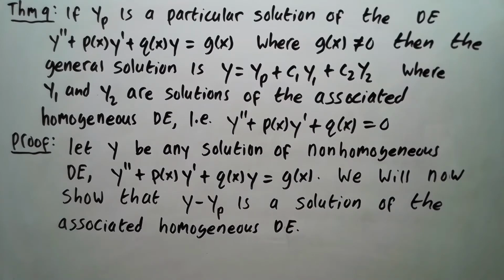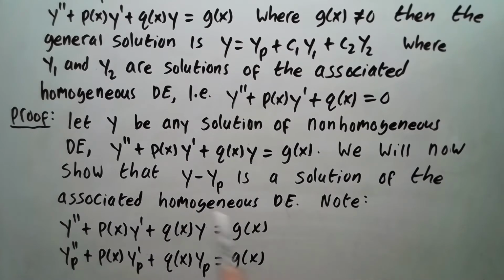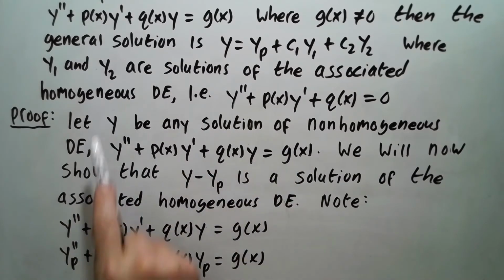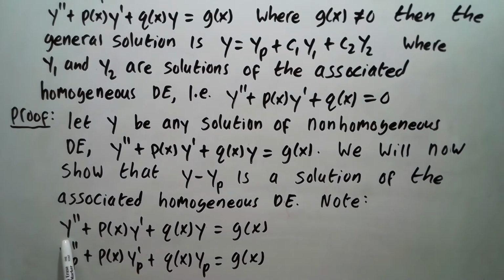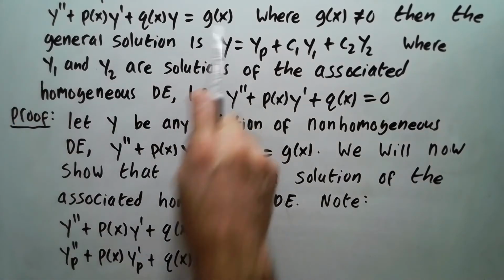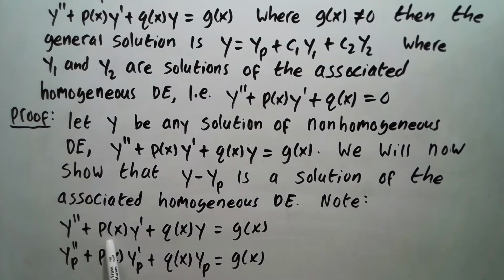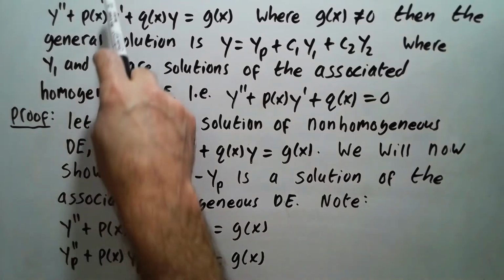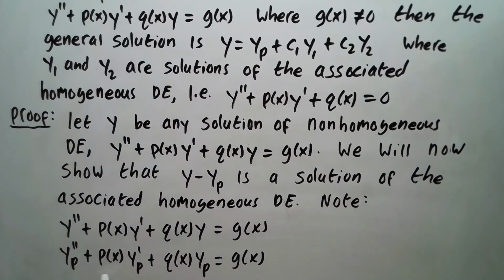So note, since y is a solution and yp is a solution, it means that when I put y up here, I'll have y double prime plus p of x y prime plus q of x y equals g of x, and also yp is a solution. It means that yp double prime plus p of x yp prime plus q of x yp equals g of x. Let's subtract these two equations.